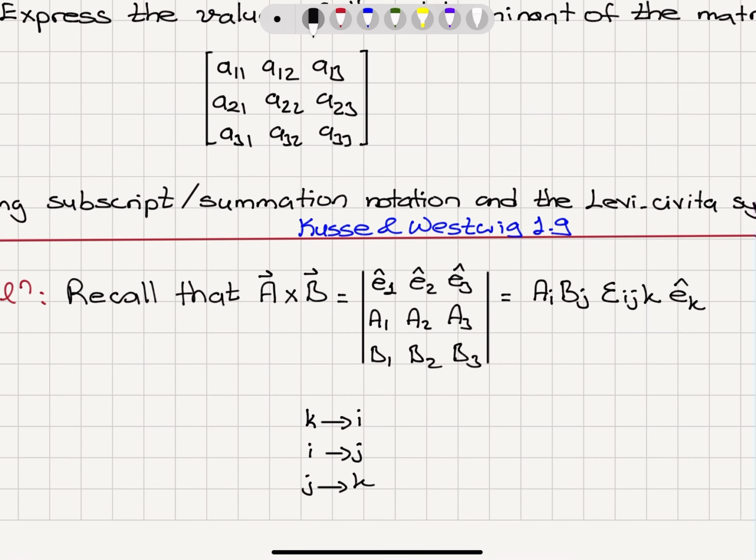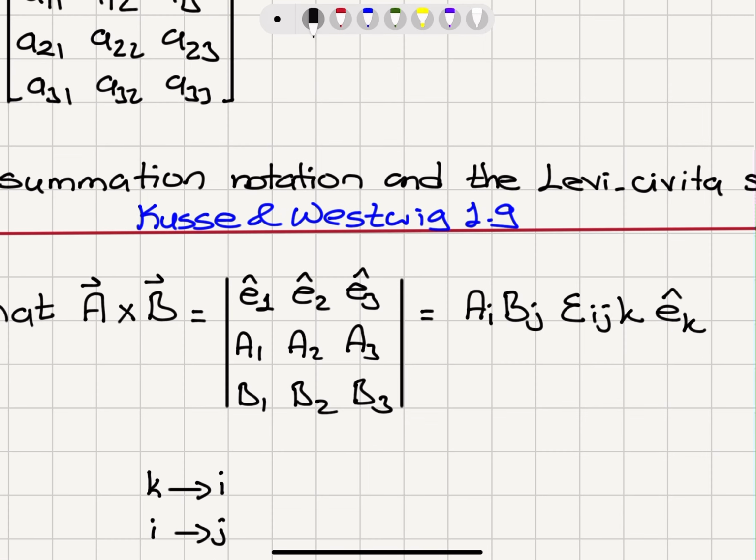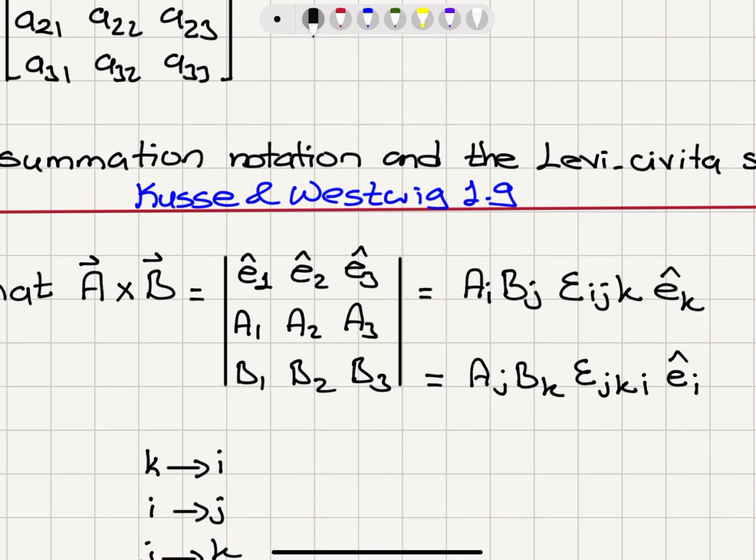So this will give me aj bk epsilon jki, and k has been replaced with i, ei hat. So aj bk epsilon jki ei hat.